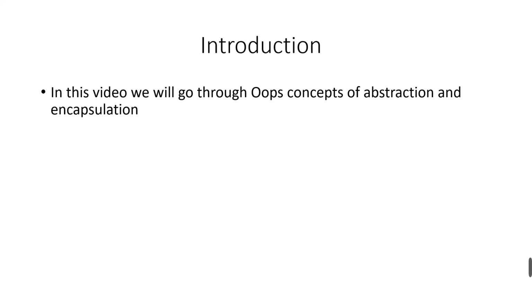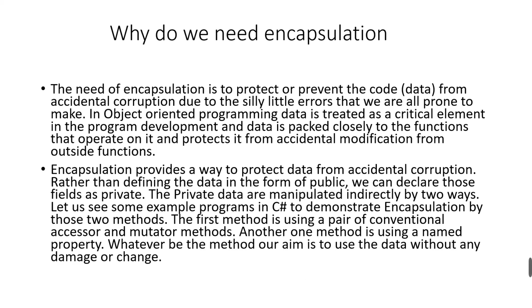So the introduction is, in this video we will go through the OOPS concepts of abstraction and encapsulation. First question arises, why do we need encapsulation? Encapsulation is to protect the code from accidental corruption due to silly little errors.